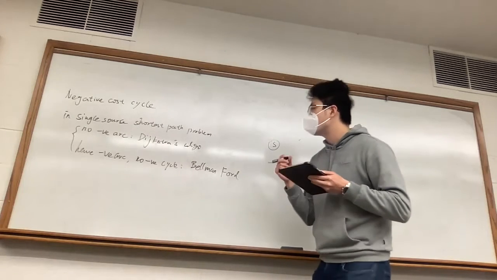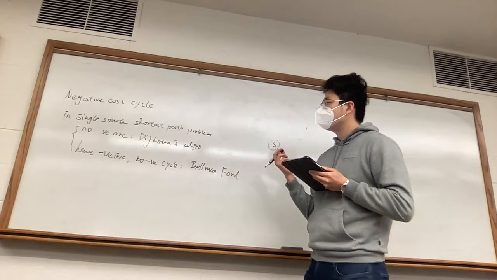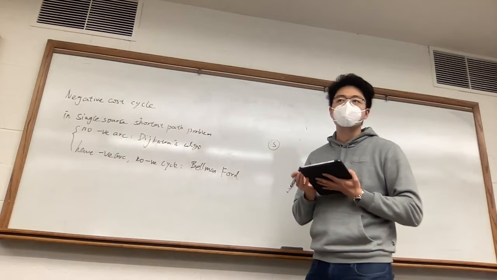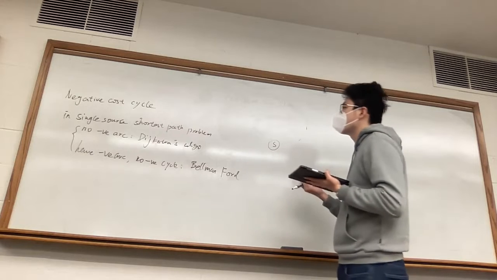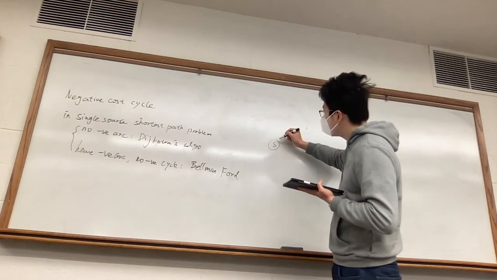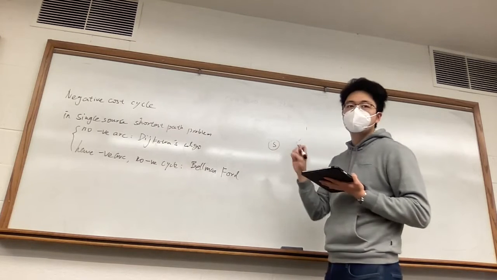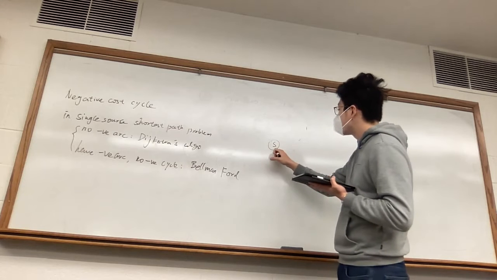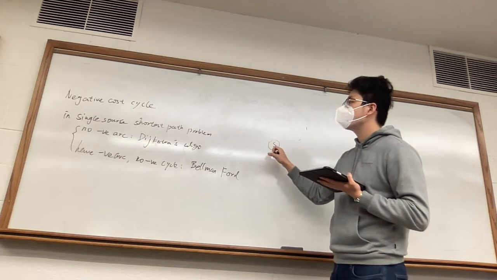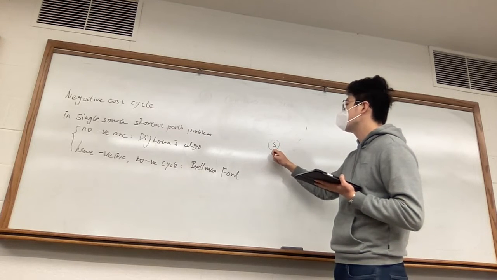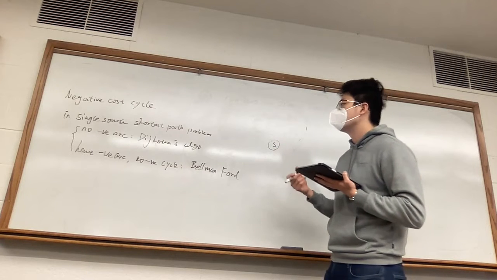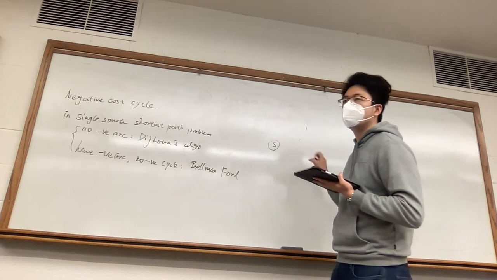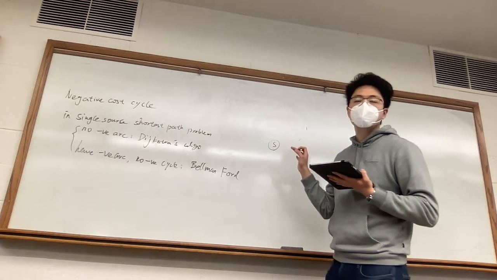So first, do you still remember how the Dijkstra algorithm functions? That's to say how it works. So the Dijkstra algorithm works in this way. It gradually grows a tree, a spanning tree, from your source S. And the problem that you want to solve is, suppose this is your source, and you want to know what is the length of the shortest path from S to any other vertices in this graph.